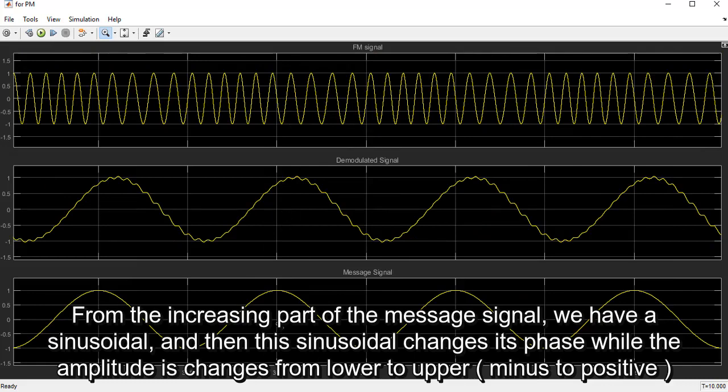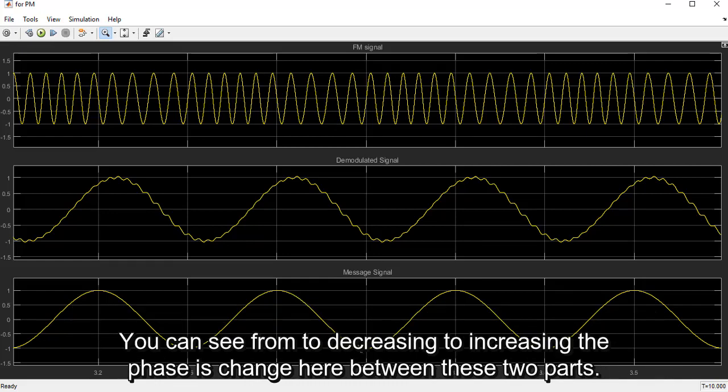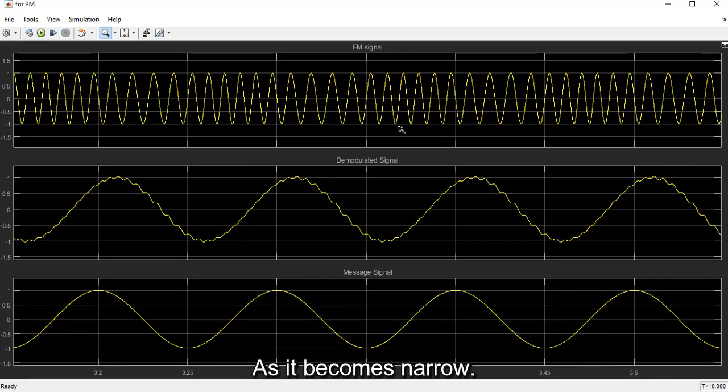From the increasing part of the message signal, we have a sinusoidal, and then this sinusoidal changes its phase while the amplitude is changed from lower to up, from minus to positive, or as we can see from decreasing to increasing. The phase is changed here between these two parts as it becomes narrower.